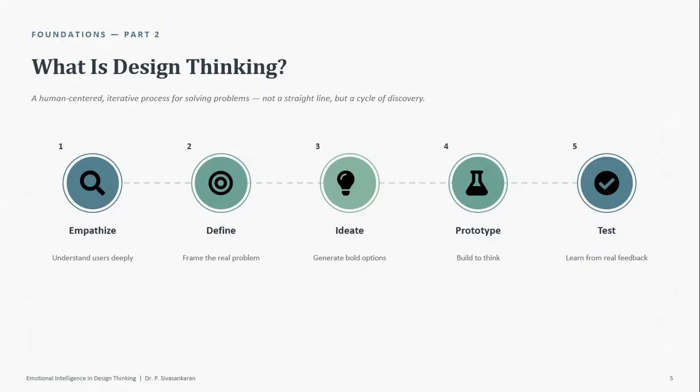Next stage is define, ideate, prototype, and testing. So these are the different stages in the design thinking process. Unlike traditional problem solving, design thinking focuses on understanding user needs more deeply before developing the solutions. It encourages continuous learning, experimentation, and improvement.